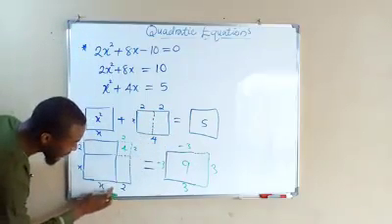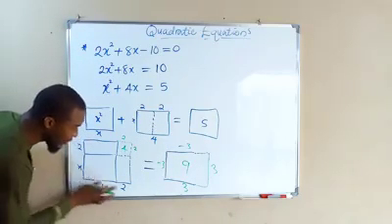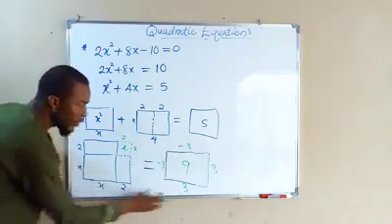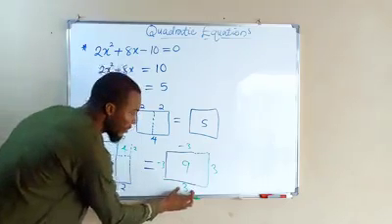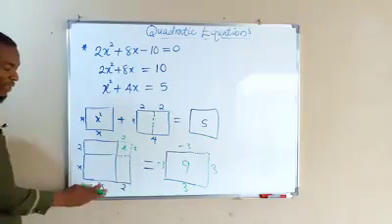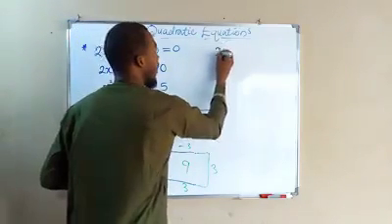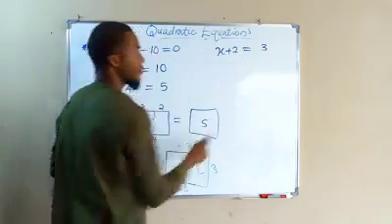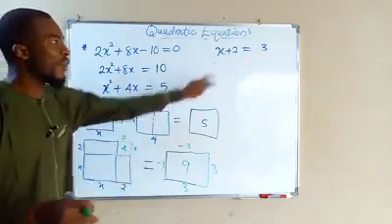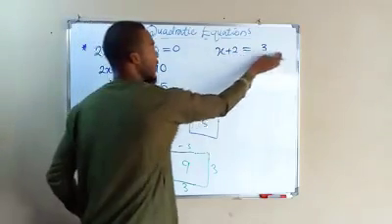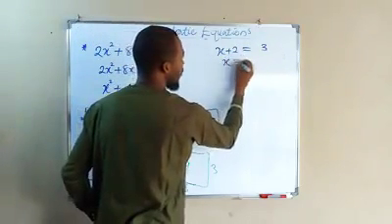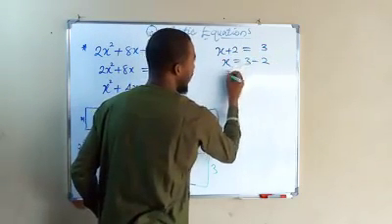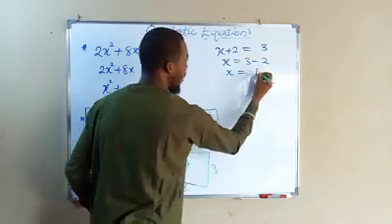The total length of this side is x plus 2, and the total length of this side is equal to 3. So we can equate them together: x plus 2 equals 3. Now to find the value of x, we take 2 to the right-hand side, and x equals 3 minus 2, so x is equal to 1.